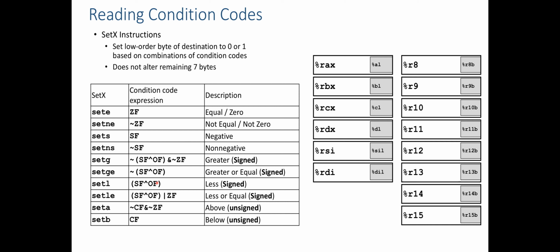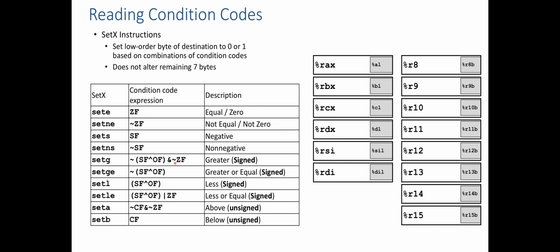And so you see here we have a set E, set NE, set S, set NS, and so on. And then we have the way that the lowest order byte of some register here is going to get set is based on the value of the condition codes and then these expressions using those condition codes.